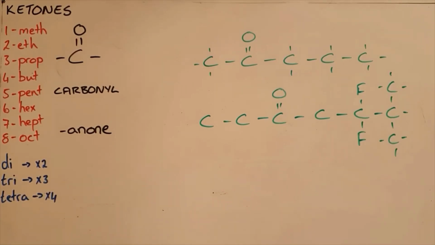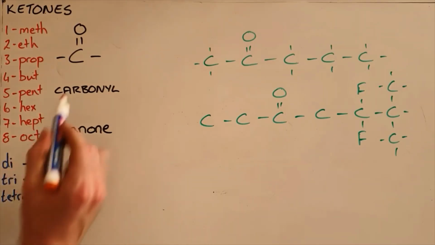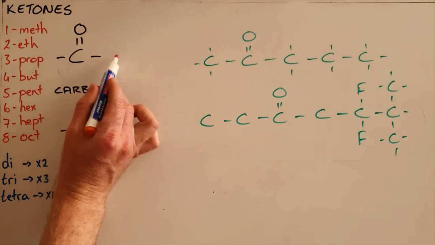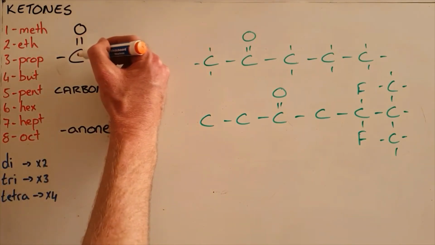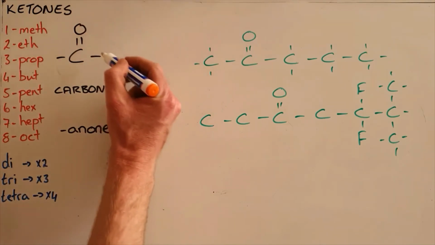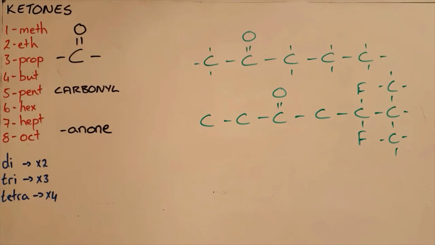Ketones are compounds that contain what is called a carbonyl functional group, which is very similar to the formyl functional group of aldehydes, the difference being that the carbonyl functional group allows for the carbon chain to extend on either side of it, where we have a carbon double bonded to an oxygen, but carbons can be attached on either side of that carbonyl group.